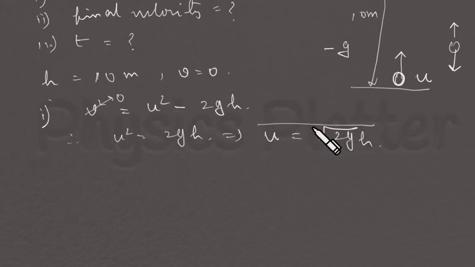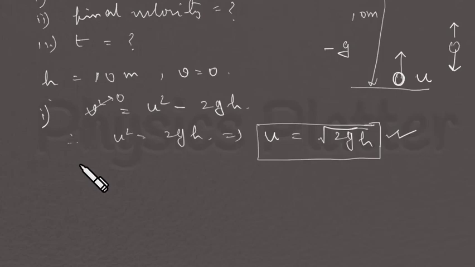Remember that this is the general formula for the initial velocity of a body moving vertically upward with some velocity u, whose maximum height is h.